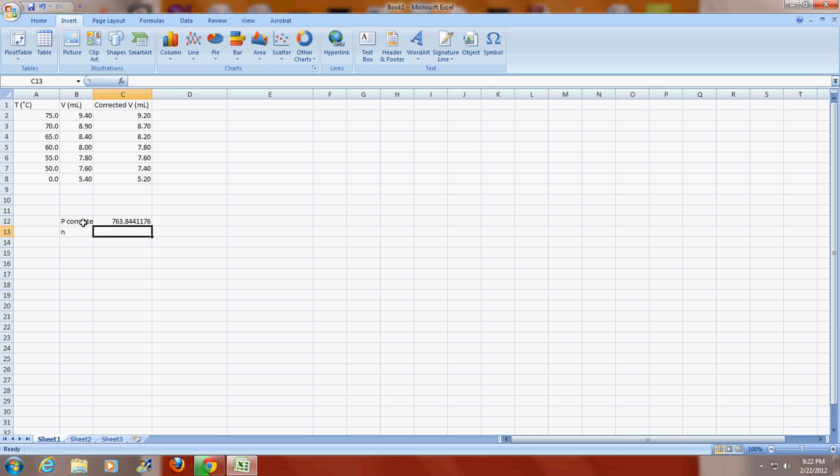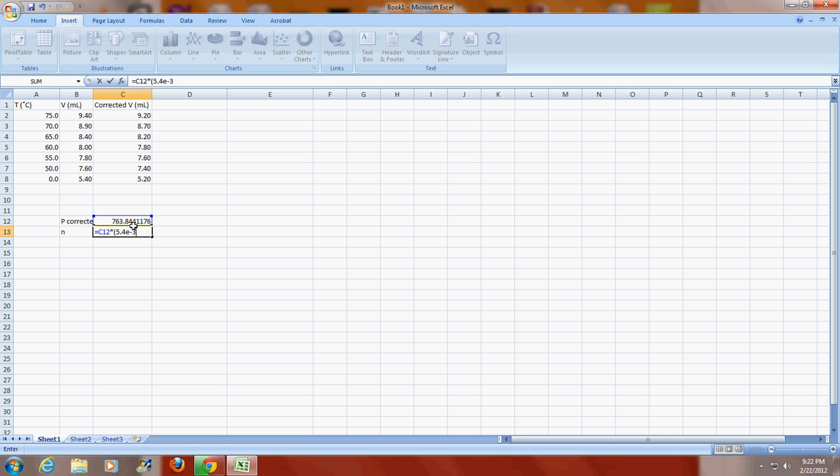So if I rearrange that equation, then the number of moles is equal to the pressure, which we just corrected for, times the volume. And because it needs to be in liters, because it's the ideal gas equation, I have to move my decimal point over. So that's going to be 5.4e-3.